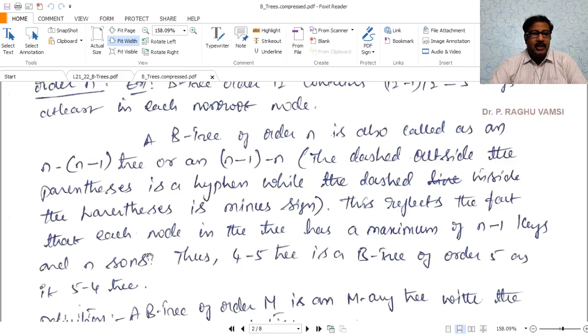This reflects the fact that each node in the tree has a minimum of (n minus 1) by 2 keys and a maximum of n minus 1 keys, and n sons. N sons means n children. Thus, a 4-5 tree is a B tree of order 5, as is a 5-4 tree. So a B tree of order 5 is also called a 4-5 tree or 5-4 tree. Both are one and the same.